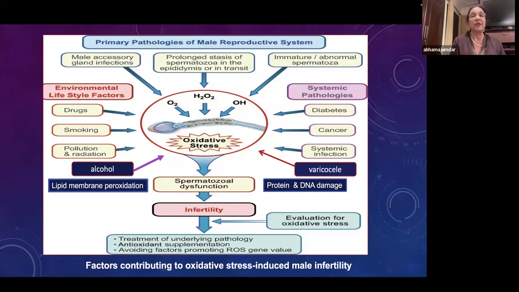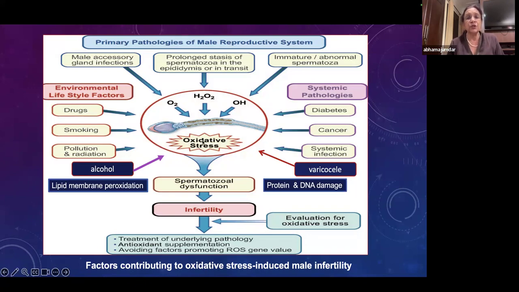So if the man is having infections, or prolonged stasis of spermatozoa in the epididymis or in transit, or there are a lot of immature and abnormal spermatozoa, they break down and release all the reactive oxygen species. This acts on the sperm membrane, and it also leads to protein and DNA damage.